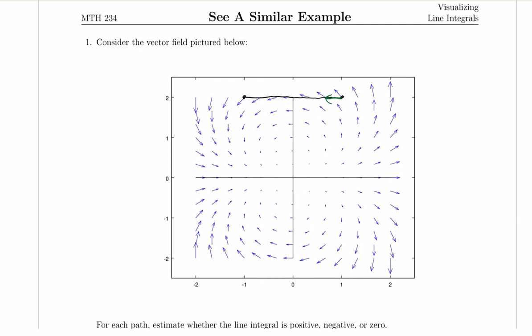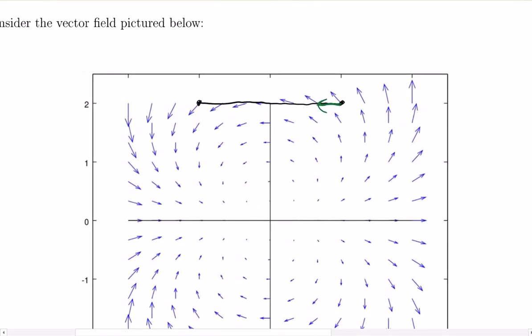So here it would be positive because both arrows are pointing more or less to the left. Or in other words, the angle between them is acute. It's less than 90 degrees, so the dot product will be positive. And it'll be the same thing all along the curve.